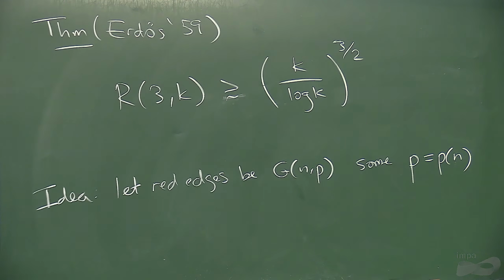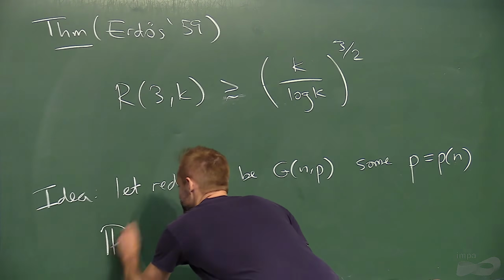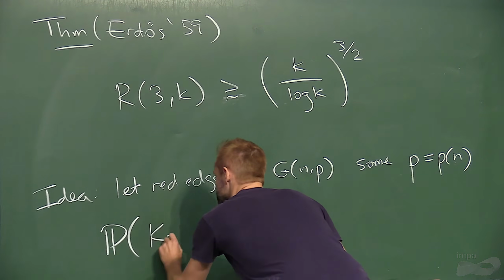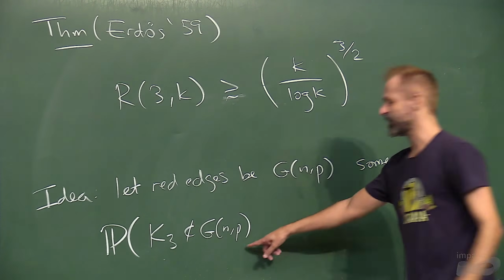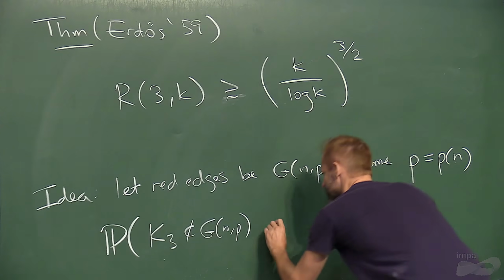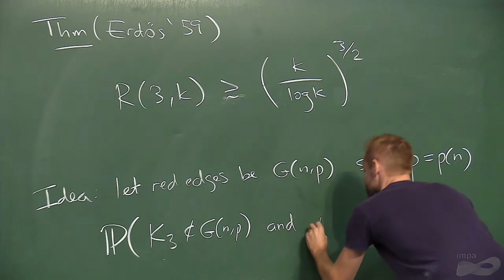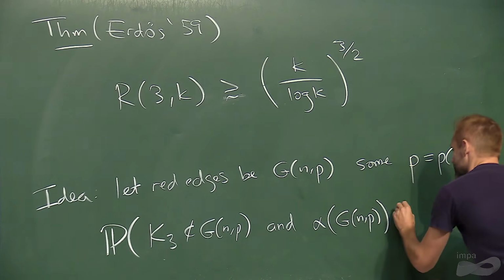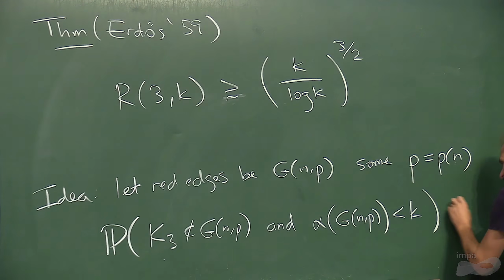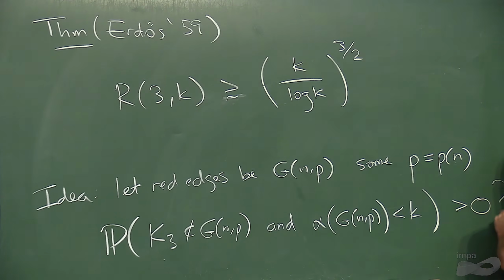p is going to be a function of n, not a constant. We'd like the probability that G(n,p) is triangle-free and the independence number of G(n,p) is less than k to be positive.